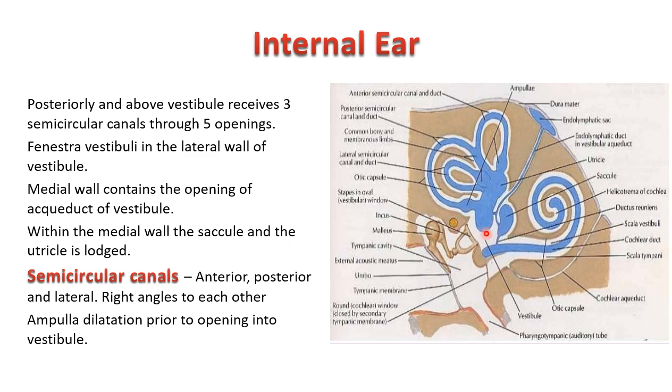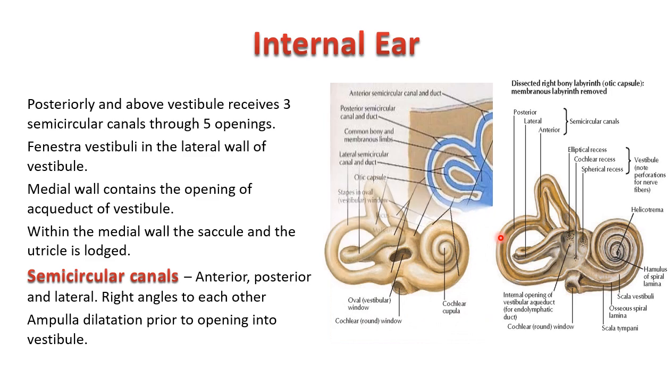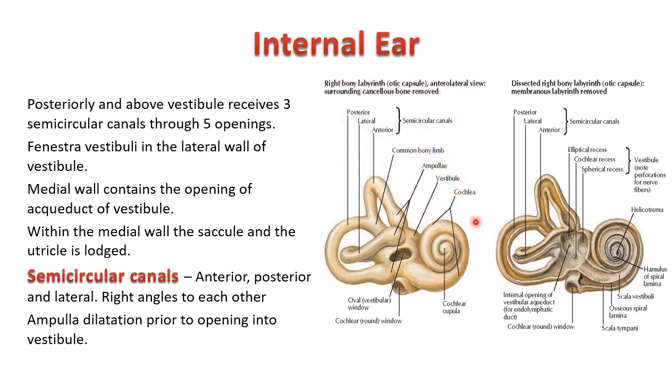We will come to this duct part in the membranous labyrinth. Now you are able to see a section of the medial wall, which mainly consists of the elliptical recess, and then the spherical recess.